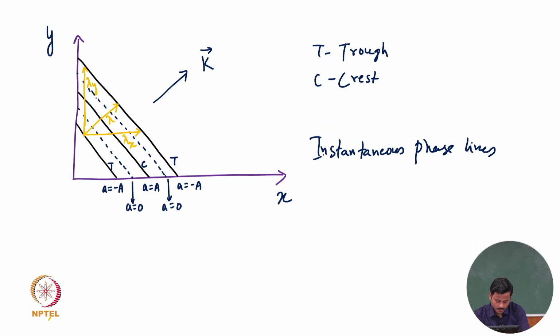So these are instantaneous phase lines of a 2D plane wave, with positive kx and positive ky.